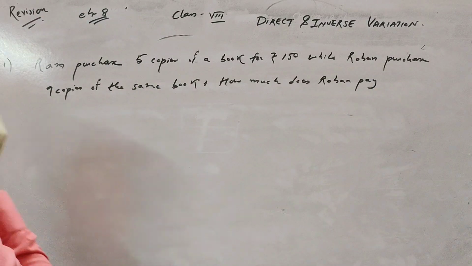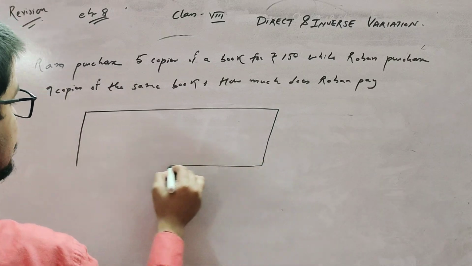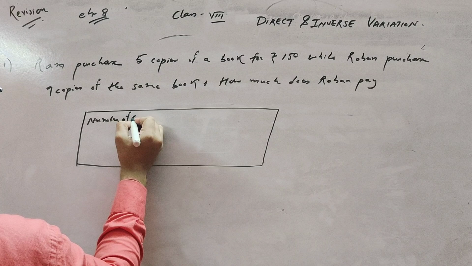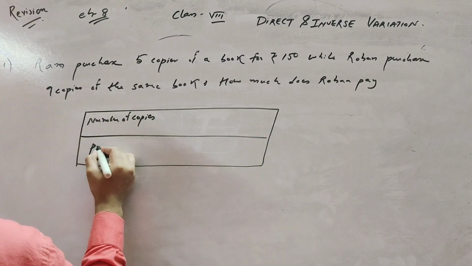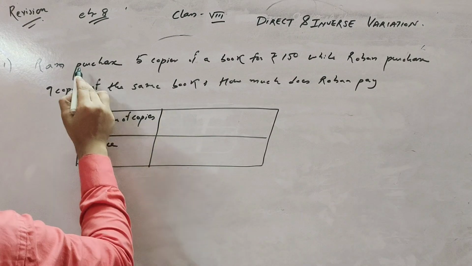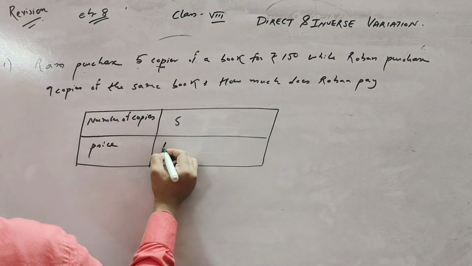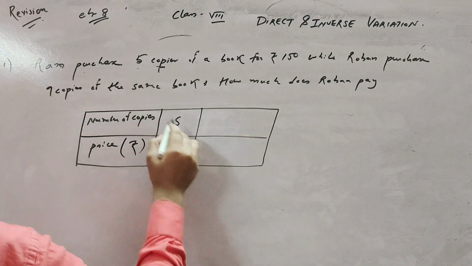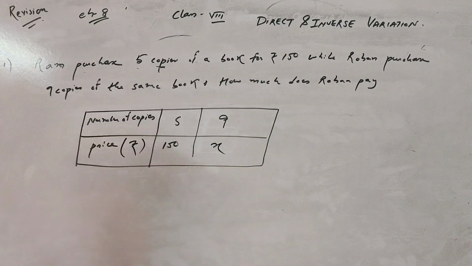So you see, first of all draw the box: number of copies and price. Ram purchased 5 copies at rupees 150, and Rohan purchased 9 copies. How much does Rohan pay?